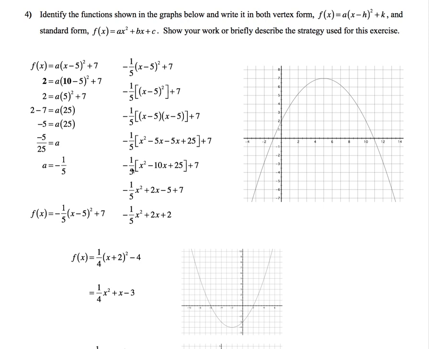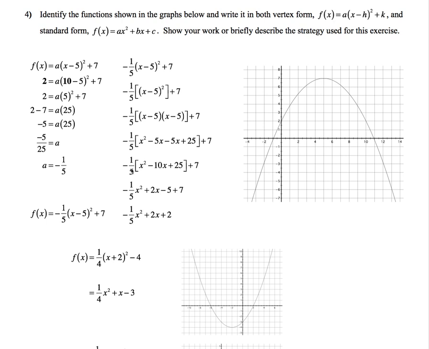Then we distribute the negative 1/5 through all these terms. Negative 1/5 x squared is right here. Negative 1/5 times a negative 10 is going to be a positive, and it's negative 10 over negative 5, or 10 over 5, and 10 over 5 is 2, so we have positive 2x.